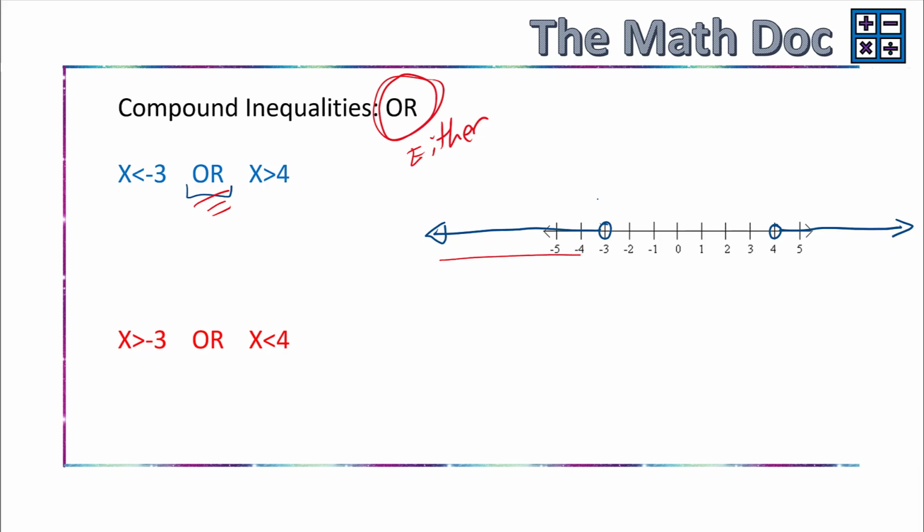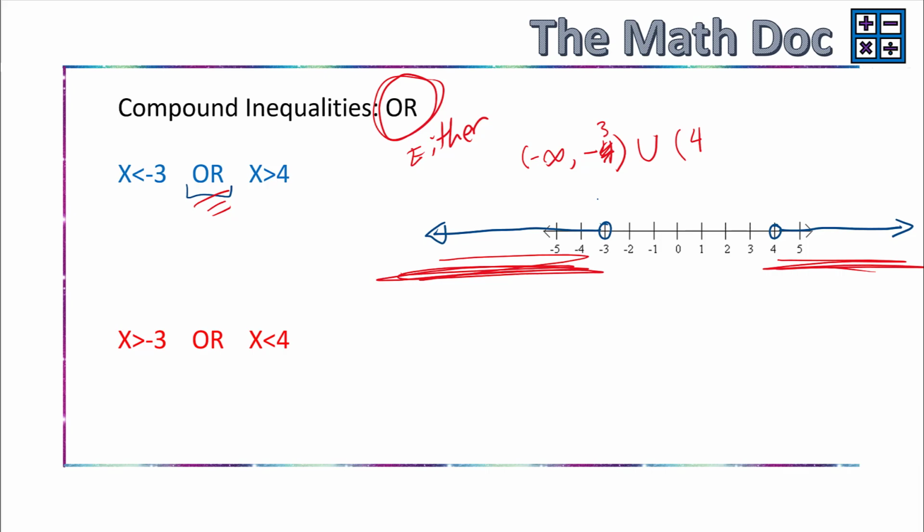So we can use this interval here from -infinity to -3, or this interval here 4 to +infinity. So we're looking in this case at two intervals, right? -infinity to -3, along with the interval 4 to +infinity.